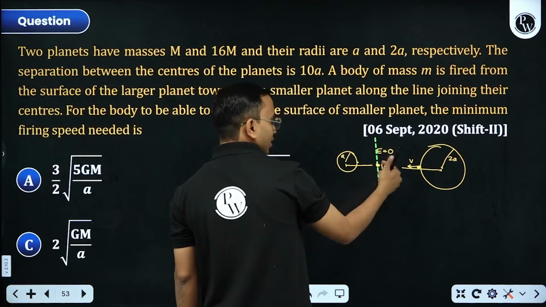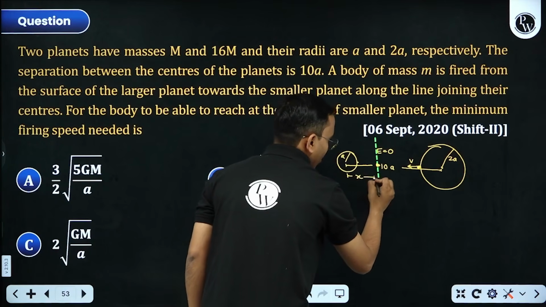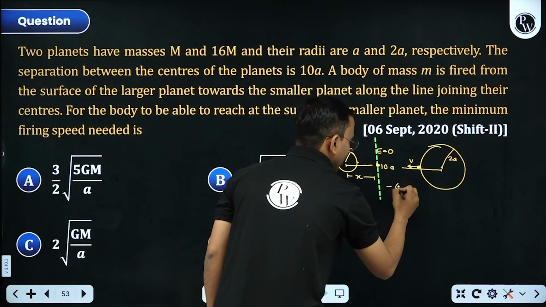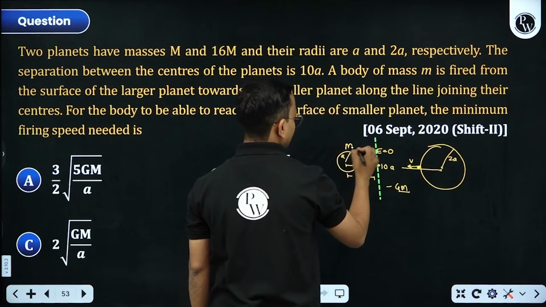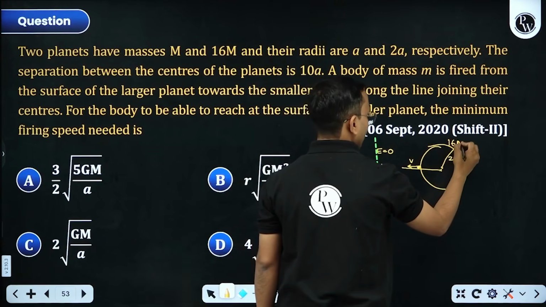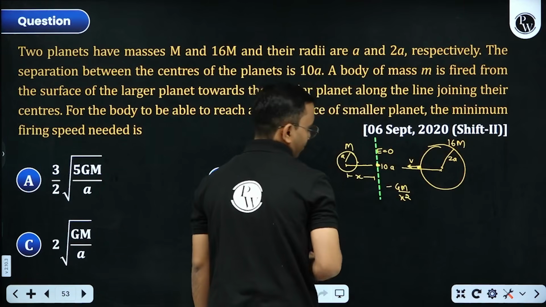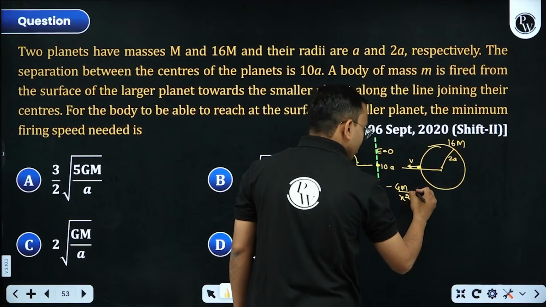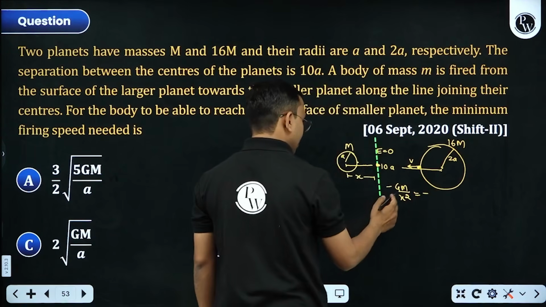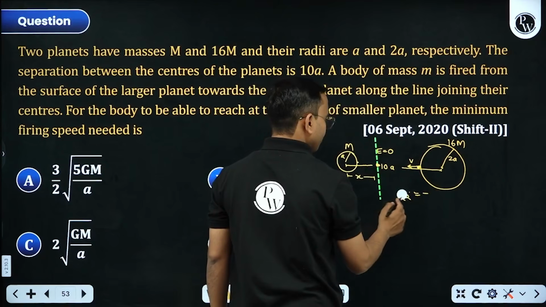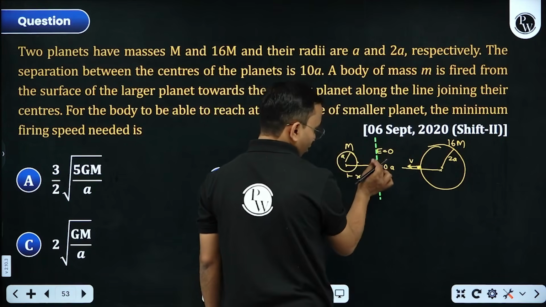The field due to this sphere, I am considering the distance to be x. So G into m divided by x square, and the other is G into 16m divided by 10a minus x, whole square. I need not consider the sign, I am just equating the magnitudes of the two, since the total field is 0 here.